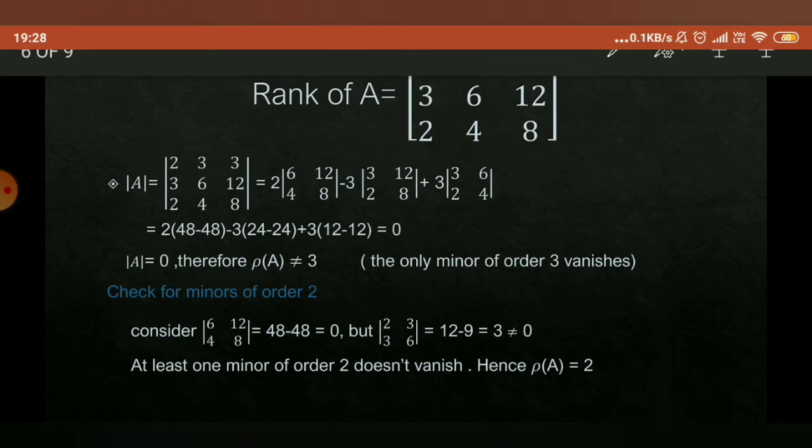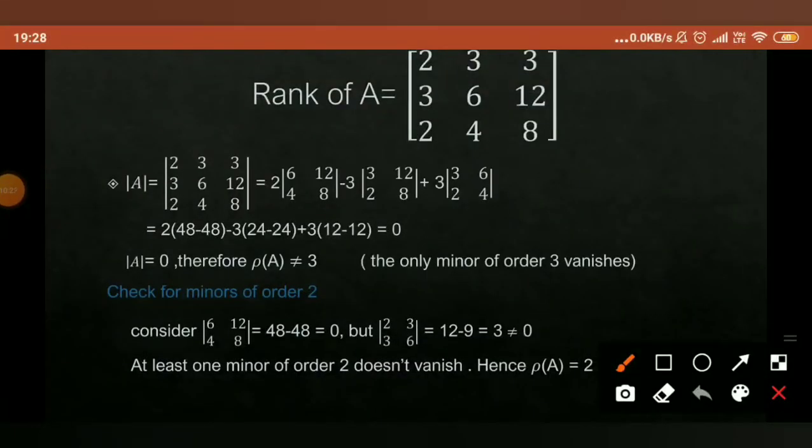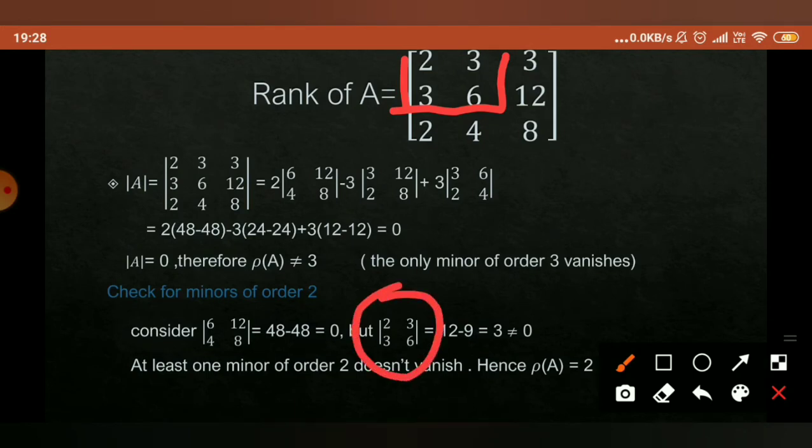Here again we have all the possibilities, like we can take the case of the first two rows and columns. So it is written here, 2 3 3 6. If we evaluate this minor obtained from here, then what is the answer? The answer is 3, which is non-zero.